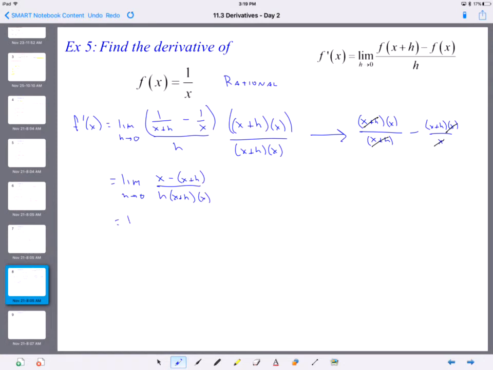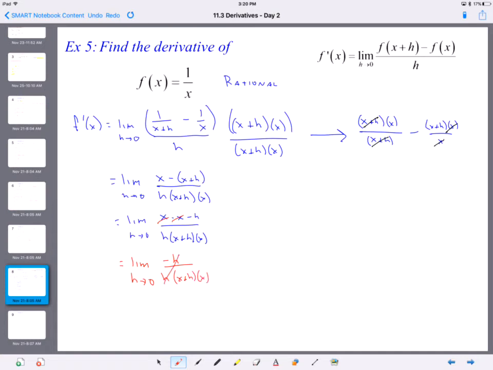So that's equal to the limit as h approaches 0 of x minus x minus h, because we had to distribute, and then you see the factors cancel, the x and the negative x, and so now we have the limit as h approaches 0 of negative h over h times x plus h times x.